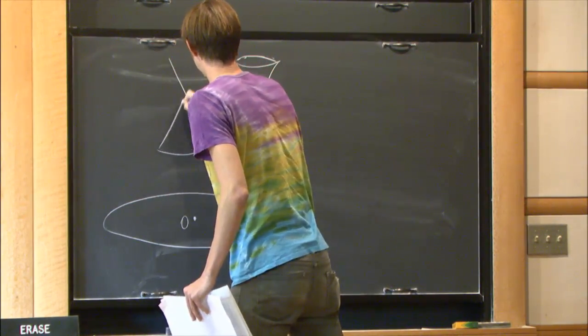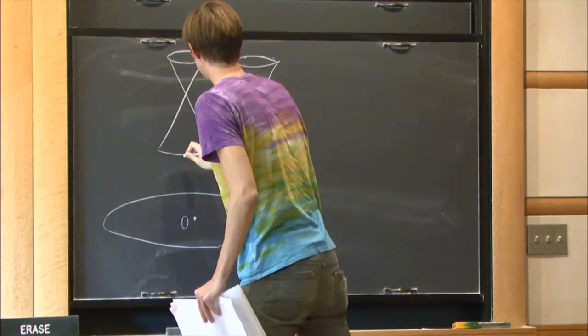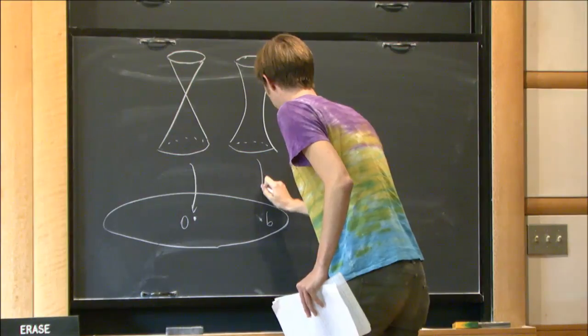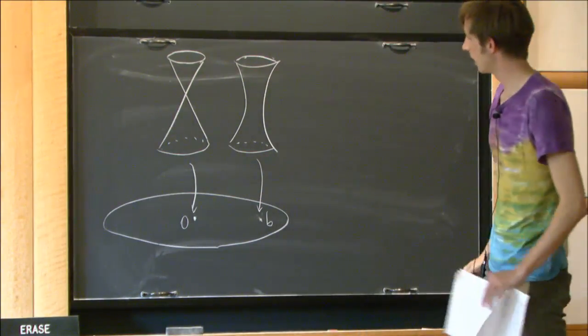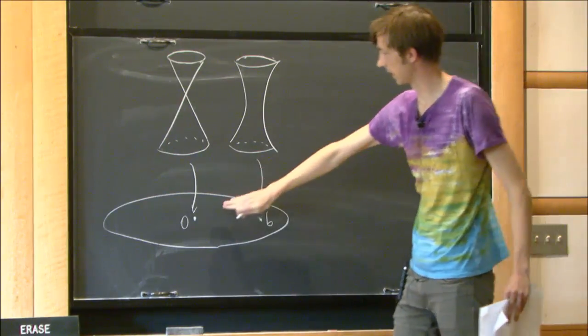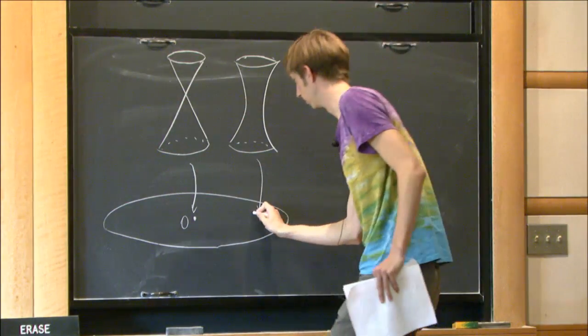It's traditionally drawn like this, even if it's maybe not completely accurate. But we have some fiber over B here, which is smooth, and we have some fiber over 0, which is not smooth.